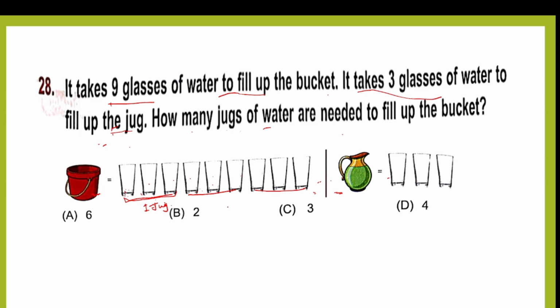Means we need 3 jugs of water to fill the bucket. Therefore, this is one jug, another jug, and another jug. That means there are 3 jugs of water needed to fill up the bucket. Option C is the correct answer.